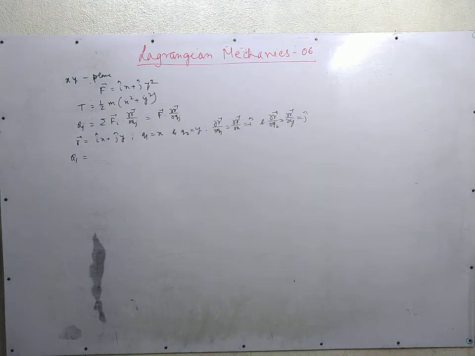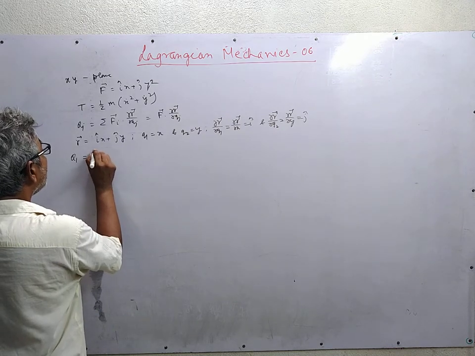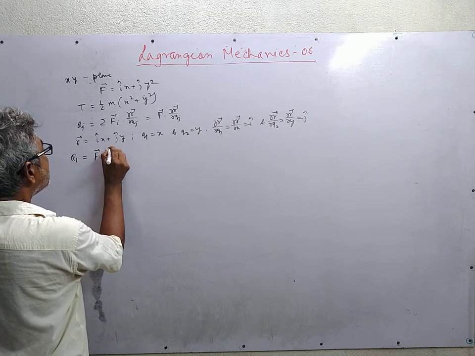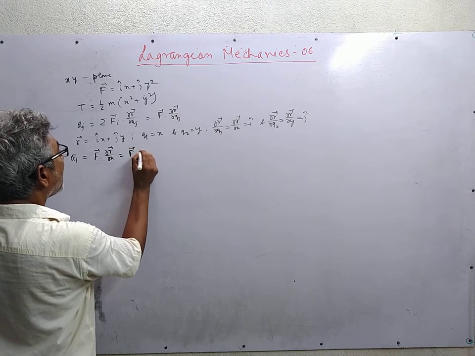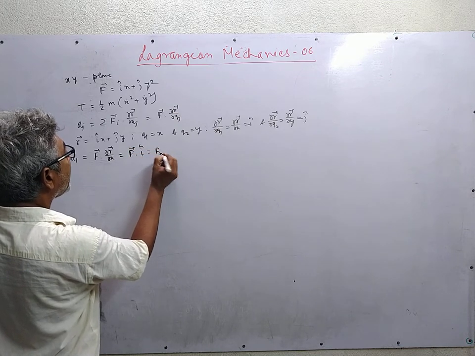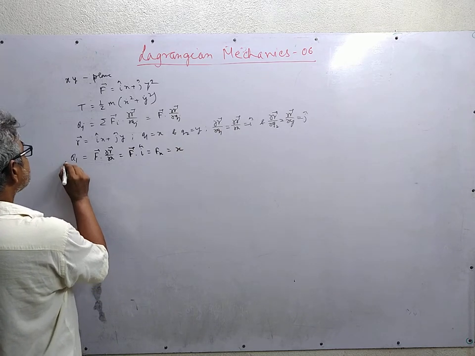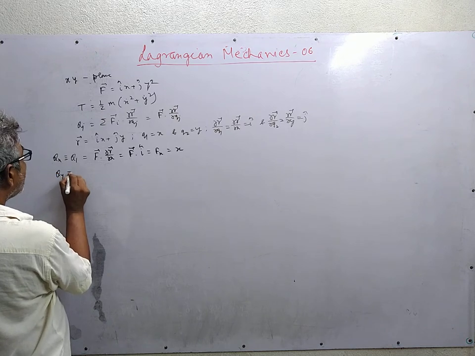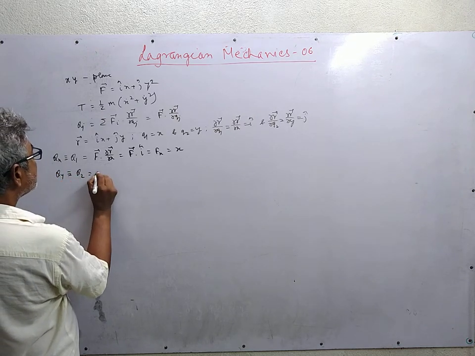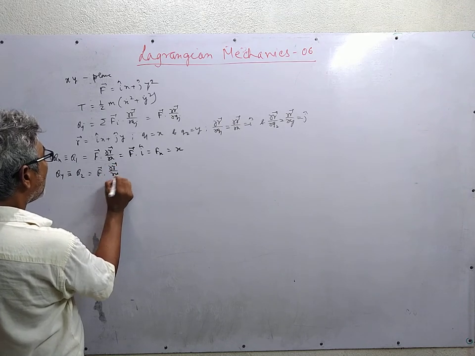So the first component of force, that is q1, is F dot del R by del x is equal to F dot i cap is equal to Fx, which is simply x, and this is Qx. Basically this is Qx, and Qy is equal to q2 is equal to F dot del R by del y.